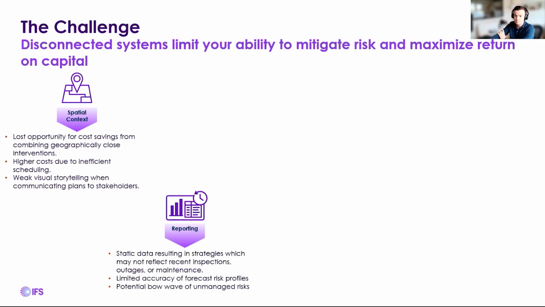There's then reporting, which commonly has been static data sets, which can limit the accuracy of forecasts, and with those sorts of static data sets can create a bow wave of unmanaged risks in future.